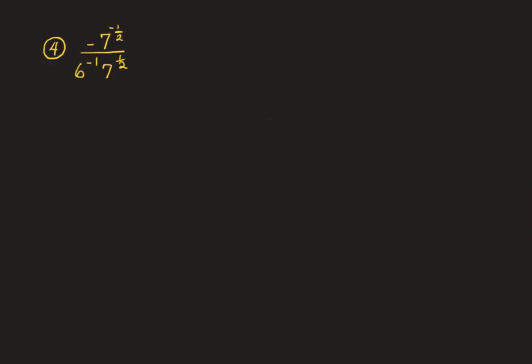Here's a tricky one. There are a lot of negatives in there. So let me make sure that I know which negative goes where. Is the negative here in front of the 7 raised to the negative 1/2 power? No, it is not. So I'm going to put parentheses around just the 7 and raise it to the negative 1/2 power.